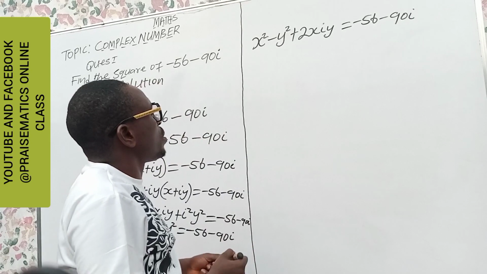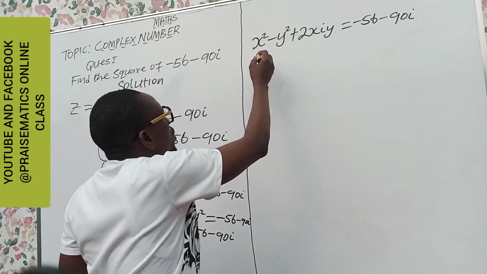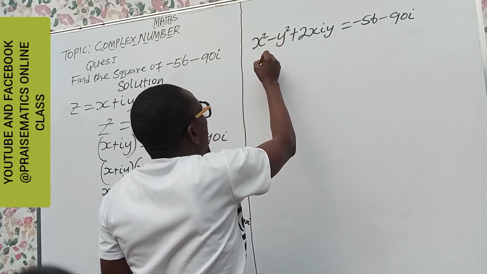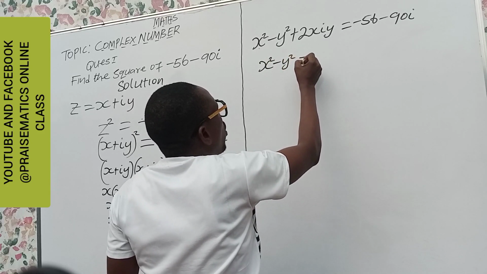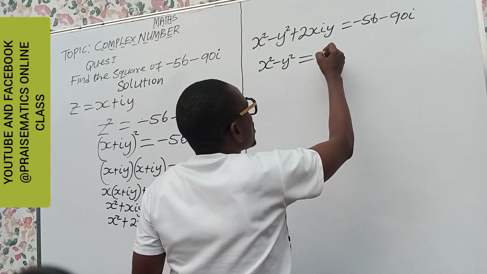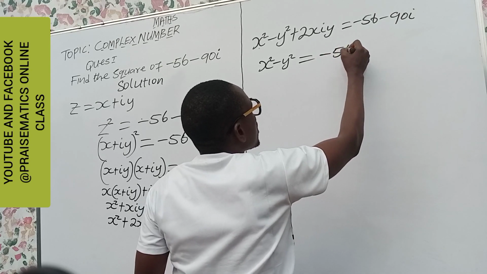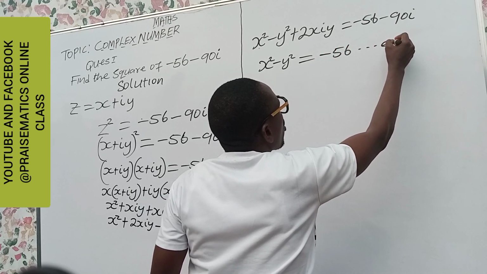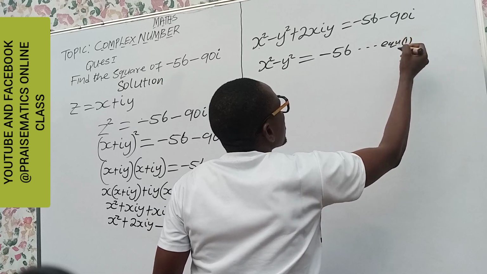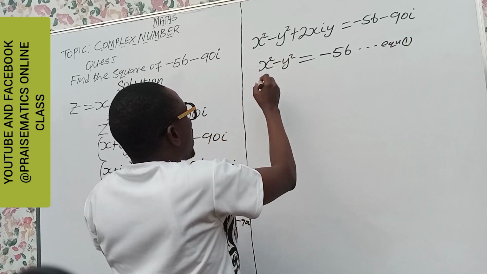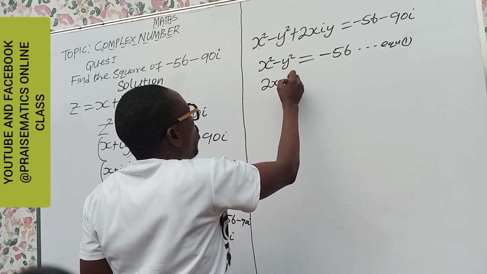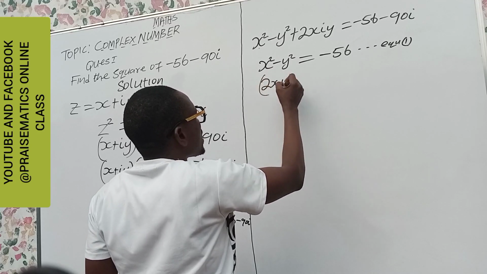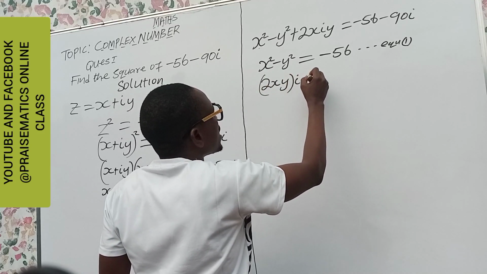The real part here is x squared minus y squared, which equals the real part here, minus 56. Call it equation 1.